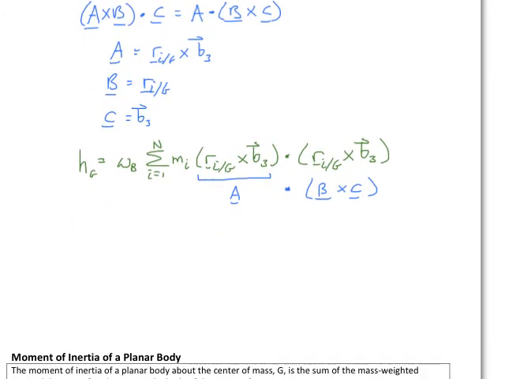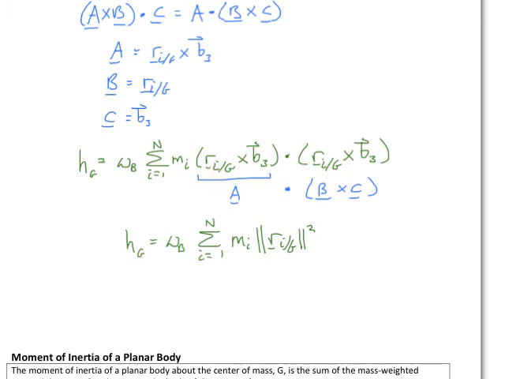And so now we can collapse this into an expression in which the magnitude of our angular momentum is equal to the angular speed, keep our summation of our particles, and then this will be the mass of each particle multiplied times the norm of the position vector, i with respect to g, squared. And this is coming from the fact that we have the magnitudes of these two expressions that are squared and the magnitude of our unit vectors, which are 1. And it's simply a magnitude, so it's the norm of this vector squared.